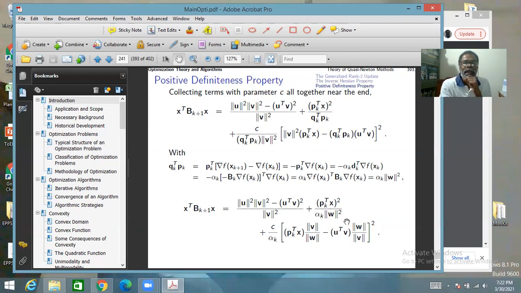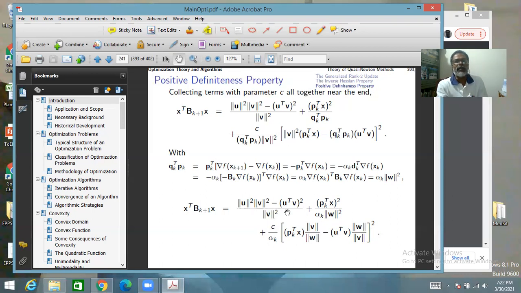And alpha k is positive. So if you take c to be non-negative, then this whole thing will be non-negative. This is in any case non-negative, because it is a square and alpha k is positive.